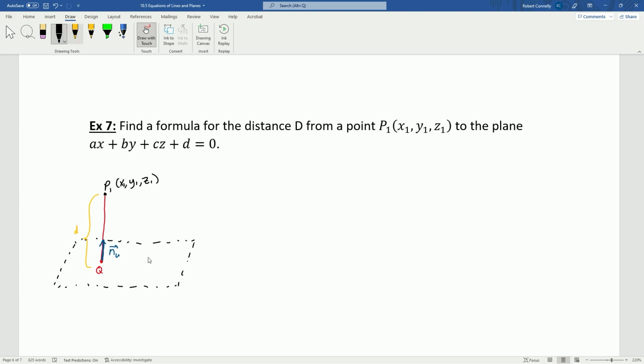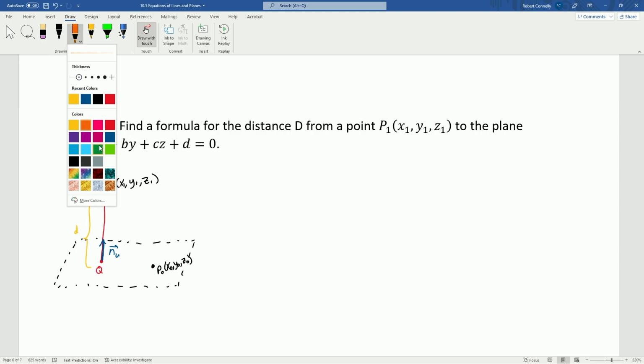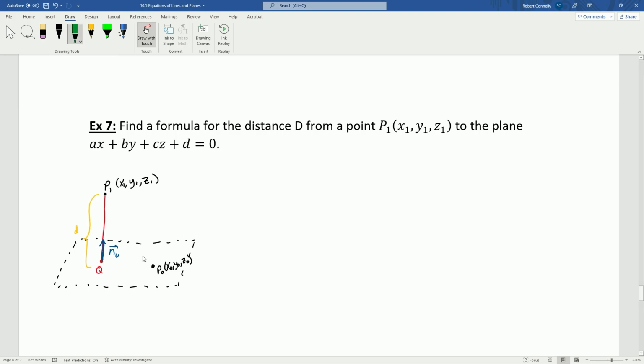So let's consider another point, though, P naught on the plane, (x naught, y naught, z naught). Then we should be able to draw some sort of vector between P1 and P naught. I'm going to call this V.